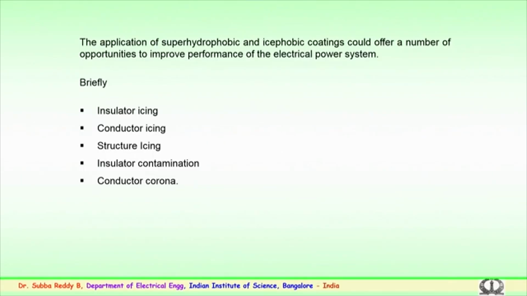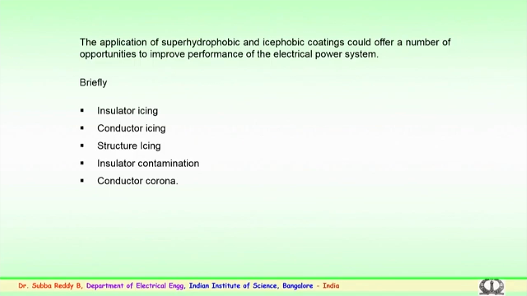The structure, the tower which carries the conductor and insulators, is also loaded with ice. Then further to that, apart from the icing, there is insulator contamination because of dust, chemicals, farming activity, fertilizers, many of these things which we have discussed. So, there could be insulator contamination and also corona and radio interference from the conductor.